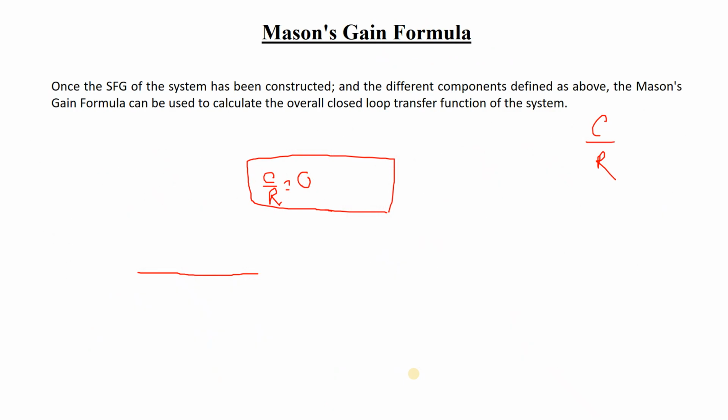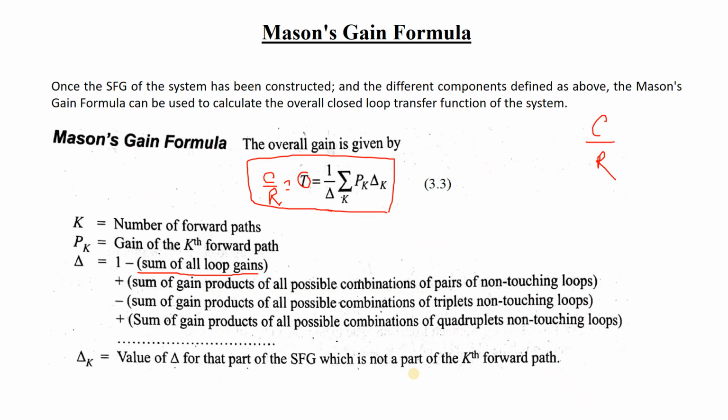Plus, then we have plus. Okay, plus. So after that, sum of gain products of all possible combinations of pairs of non-touching loops. Sum of the gain products. That means how many pairs of non-touching loops. So touching loops are not important over here.